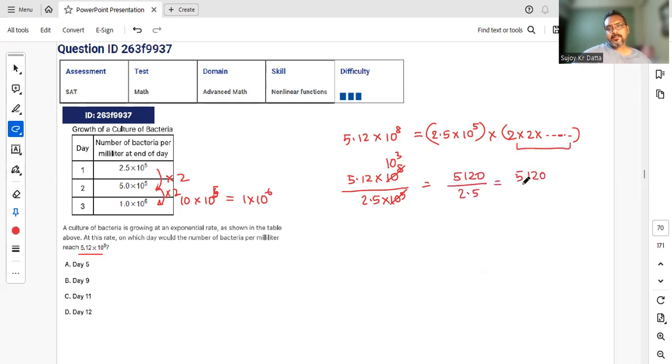You can just open up your calculator and calculate. 2.5 is 5 over 2, the 2 goes on top, so that would be 10240 divided by 5.